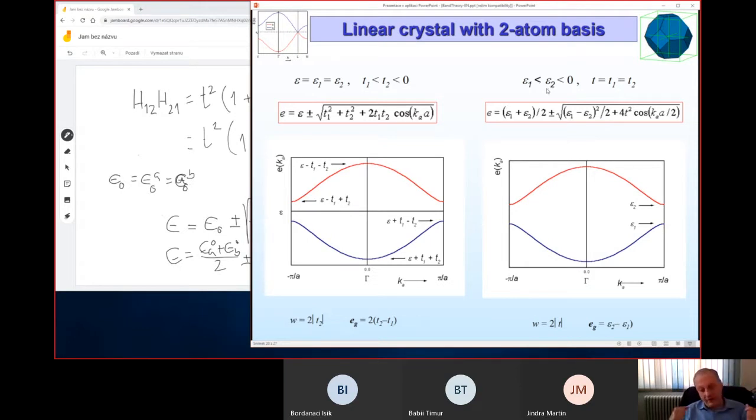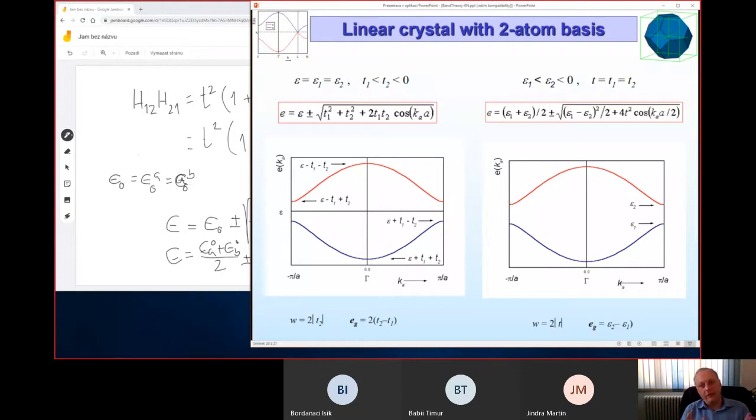If we have an electropositive atom, it would have a higher value of, let's say, E0A or E1 here, and if it is combined in a linear chain with a very electronegative atom, this electronegative atom would have a very low value of E0B or E2.